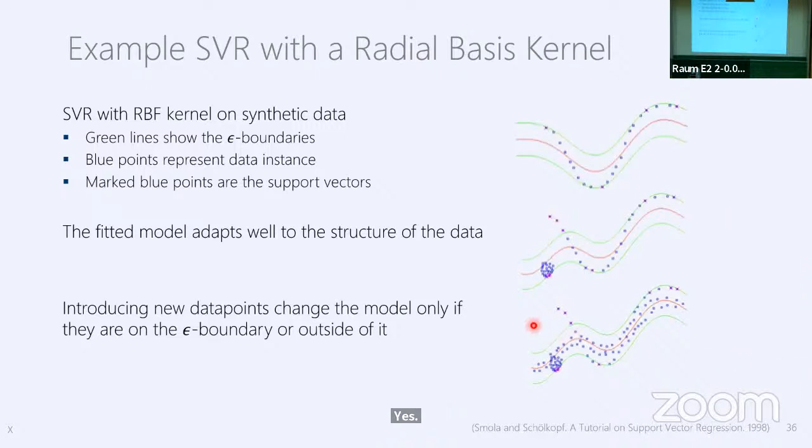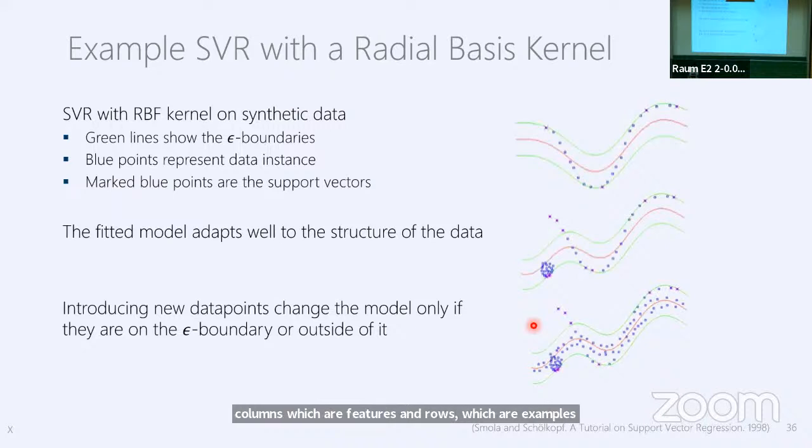Okay, we have one question on chat, which is, does random forest, or ensemble methods in general, perform better than SVM for multiclass? Yes, it depends, but for, let's say, tabular data, which is most of the data that we considered in this lecture, where you have columns, which are features, and rows, which are examples, random forest will perform out of the box better than SVM.